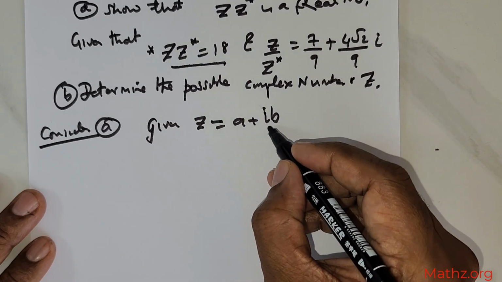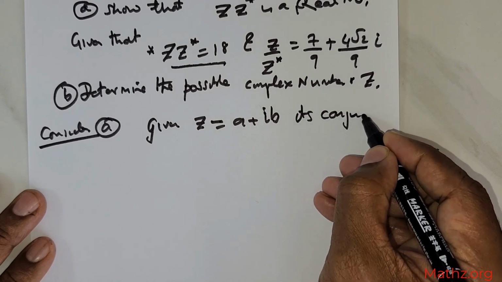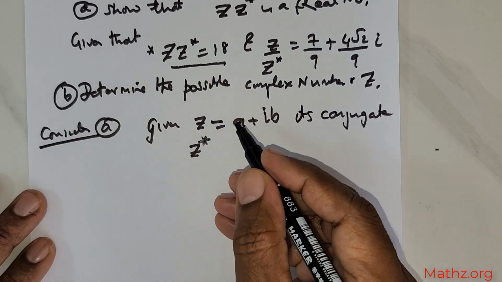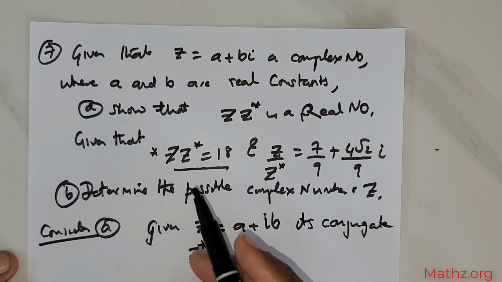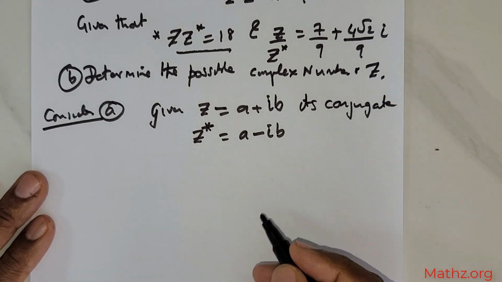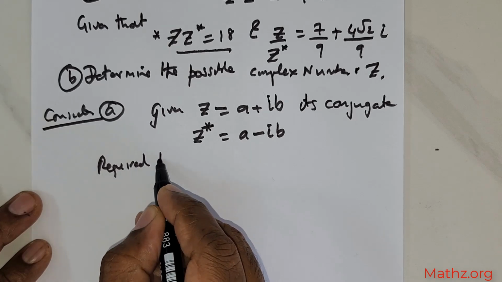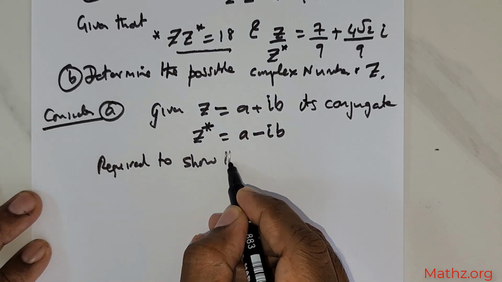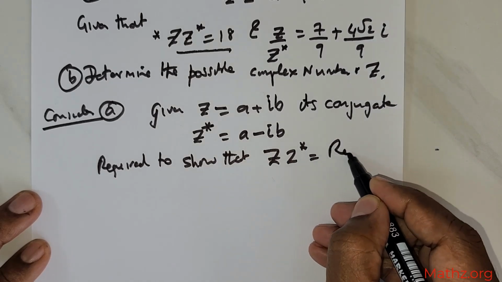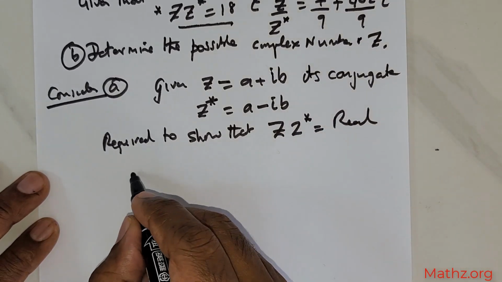Its conjugate, indicated as z star, is a - ib. What is required is to show that z times z star is real, so there should not be any i there.